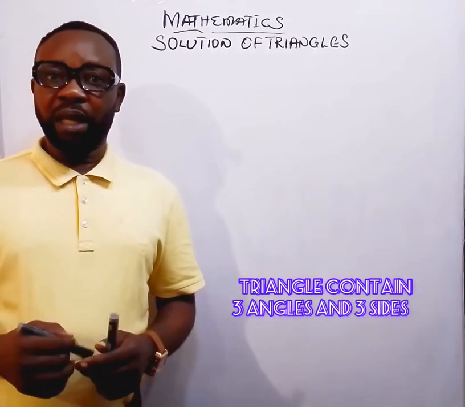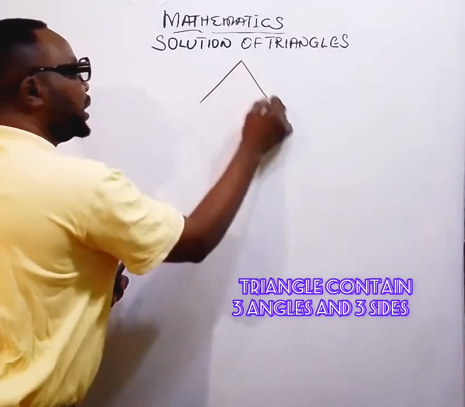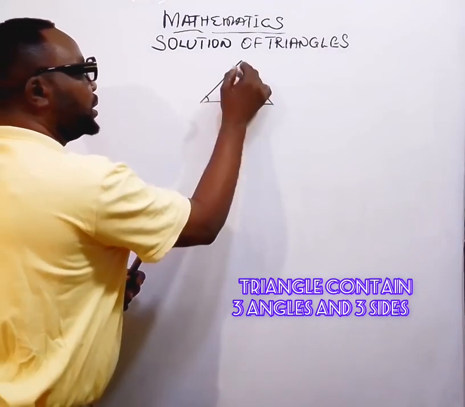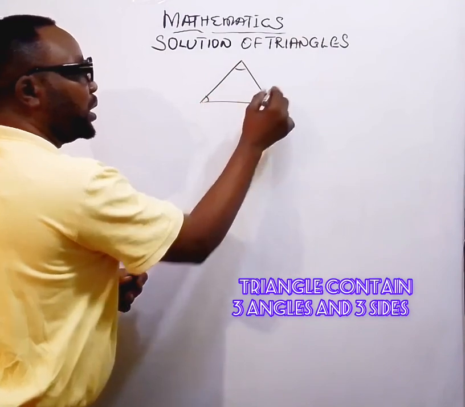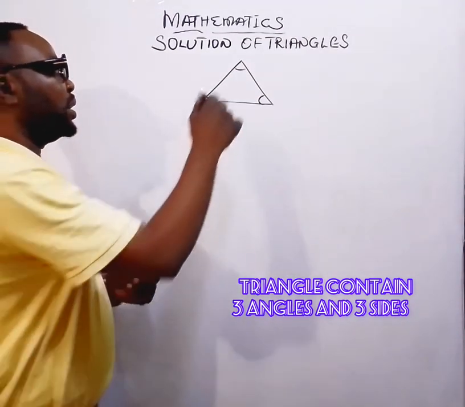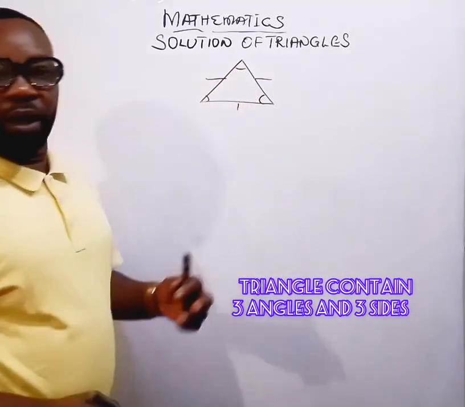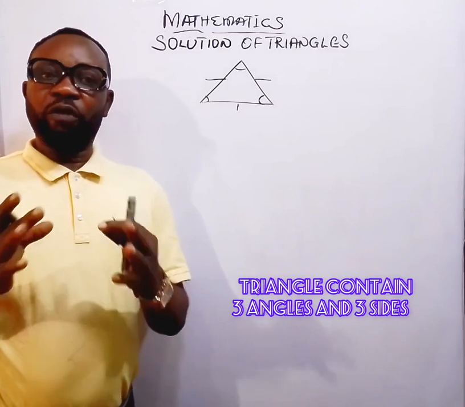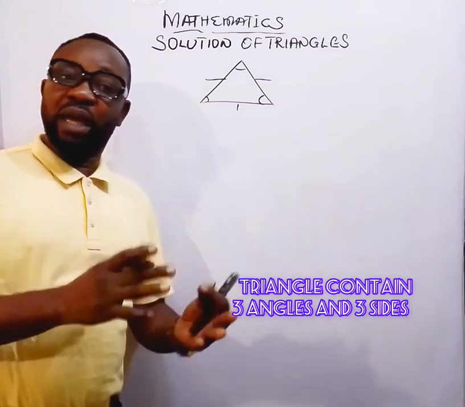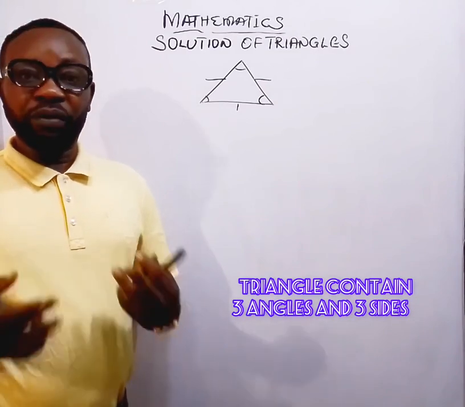As the name implies, triangle means three angles. The side that brings it together is 3. We are having 3 angles that are joined together. These 3 angles are also made up of 3 sides that bring it together. This set of information I've provided, 3 angles and 3 sides, are what we call elements of a triangle.